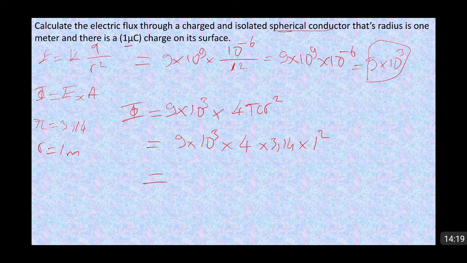When we multiply this, we find 1.13 multiplied by 10 power 5. The unit is Newton multiplied by meter square over coulomb, the unit of the electric flux.